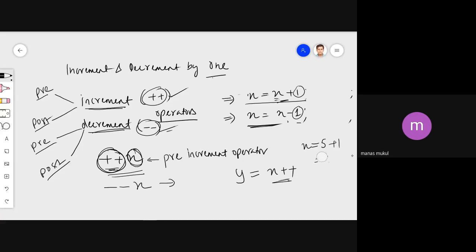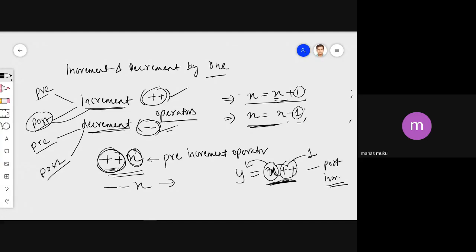But in this case, we are using it as a post-increment operator, because we are writing plus plus after x. In this case, first the value of x is going to be assigned to y, and then the value of x is going to be incremented by 1.